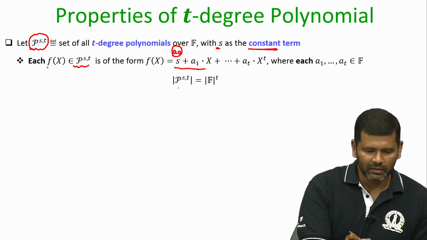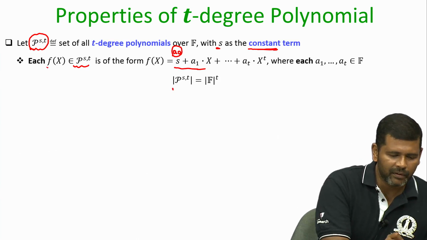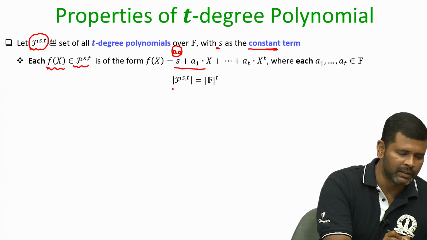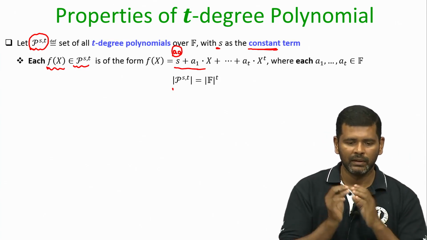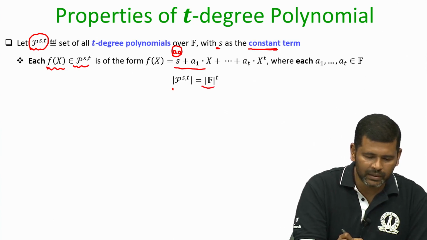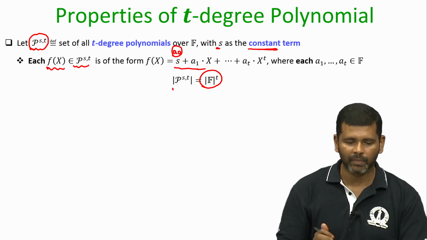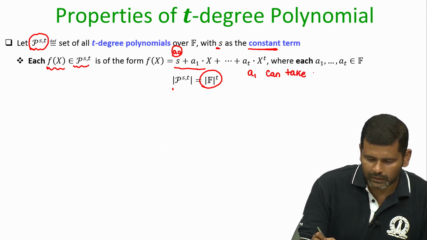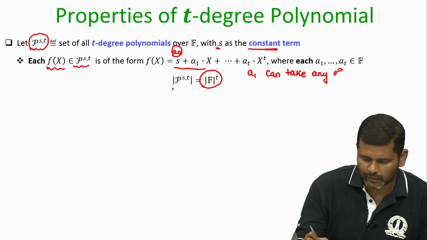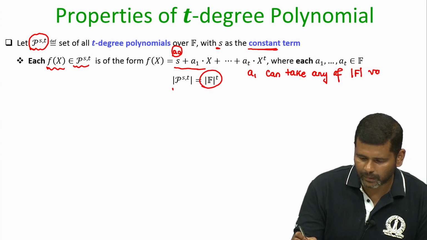So, that is why it follows that the number of polynomials f of x in this bigger set of polynomials whose constant term is the element s is the number of elements in the field raised to the power t. Why so? Because a 1 can take any of these many values.